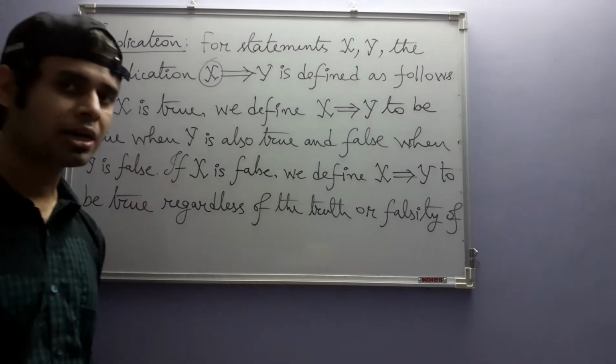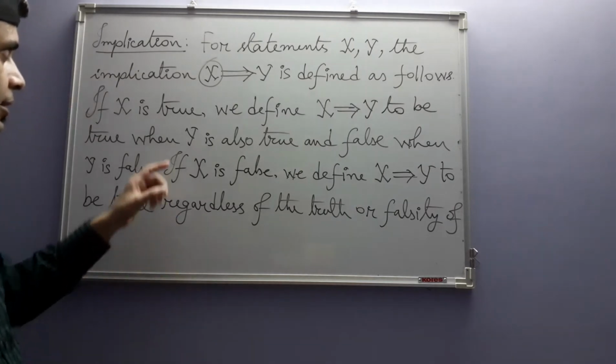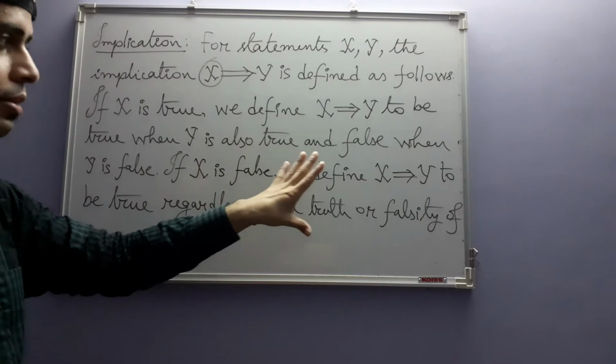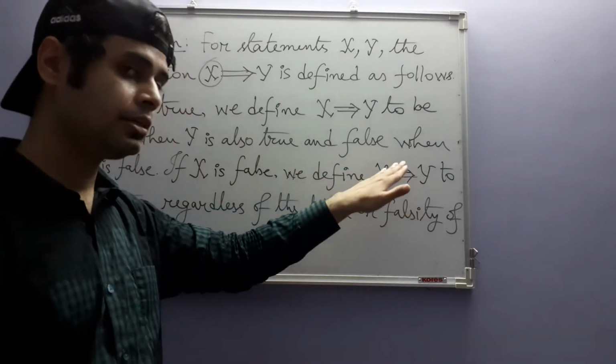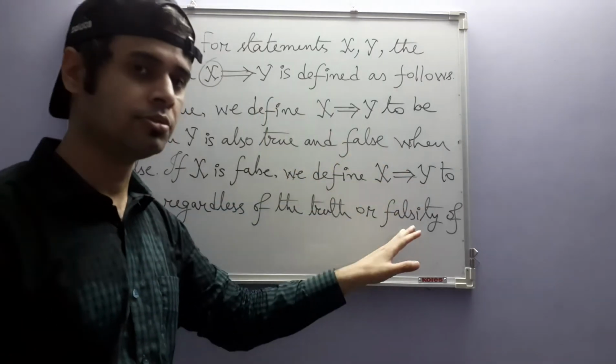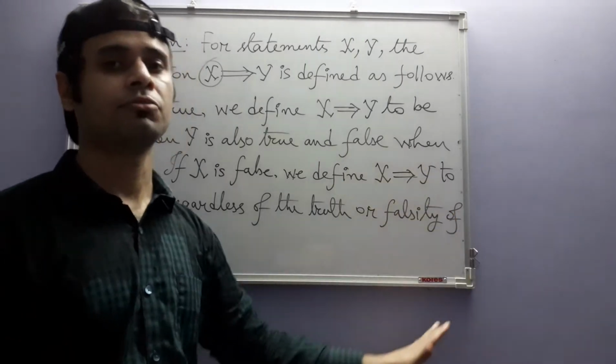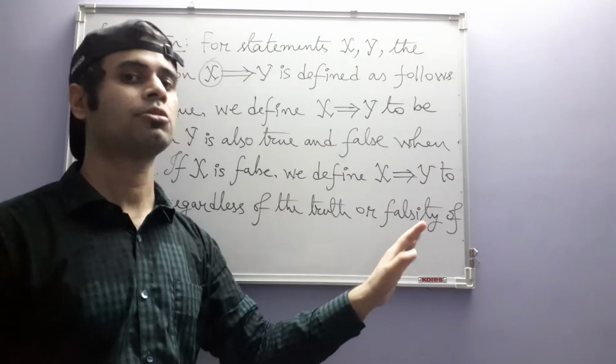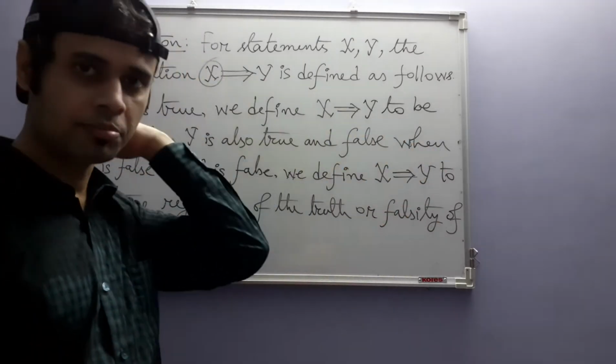So the second part of the definition says that if the first statement is false, then by this, we consider this to be true, independent of y. Whether y is true or false, it does not matter. We consider this implication to be true.